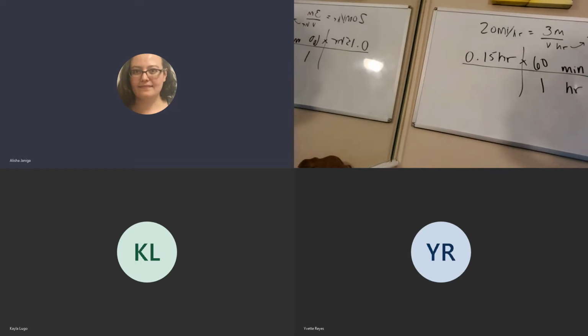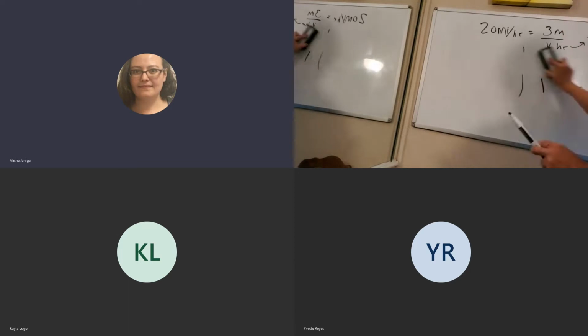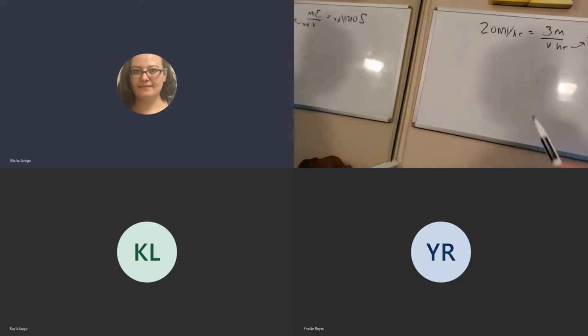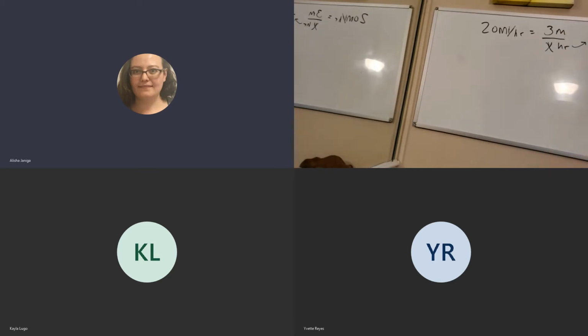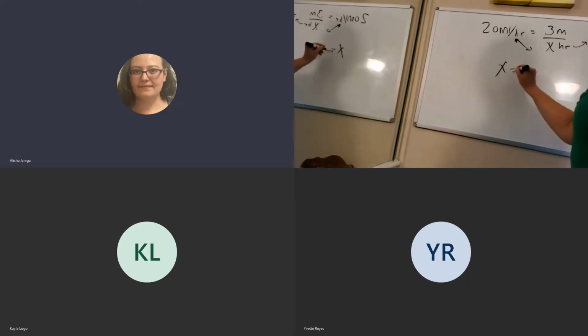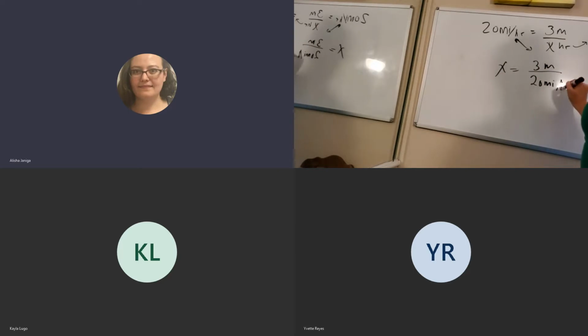So the short and dirty way to do this: anytime that you have to solve for x on the bottom, you can just swap those two. So you have x is equal to 3 miles over 20 miles per hour.